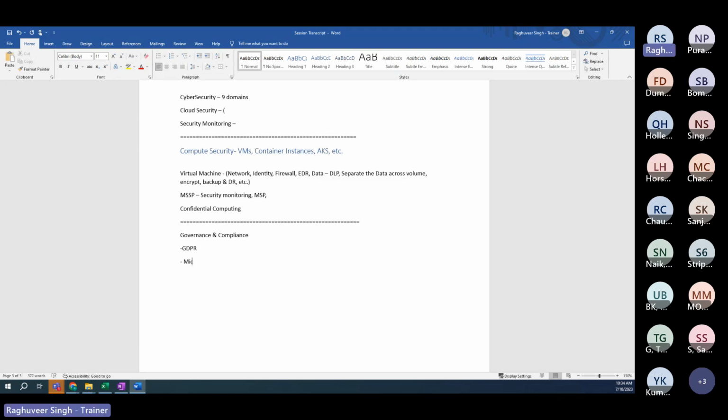That service is Microsoft Defender for Cloud. It's a CSPM solution. It has CWPP capabilities also, and it has much more capabilities.